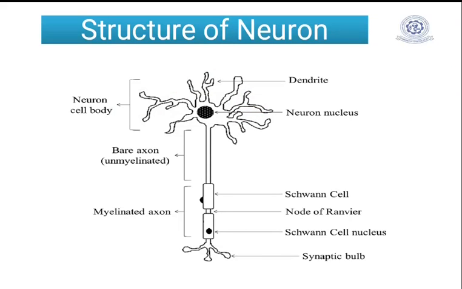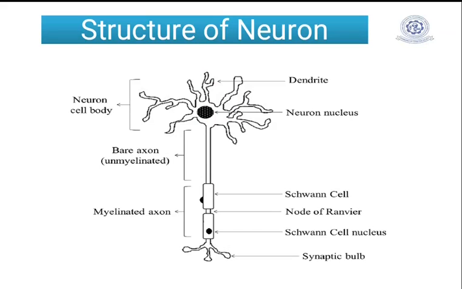They are going to receive the nerve impulse and transmit it to the cell body and axon. Cell body, like other cells, also consists of nucleus and other cellular organelles. The third most important part is the axon, a long tube-like structure.